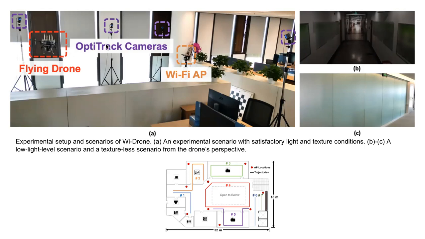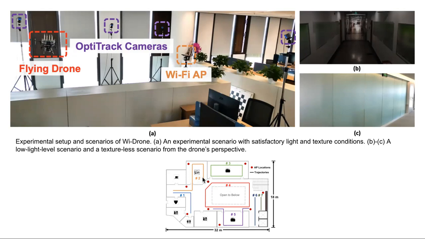And they use the OptiTrack cameras to capture the 3D 6-DoF pose of the drone as the ground truth. So they compare the estimated pose from the method from WiDrone and the ground truth from the OptiTrack cameras.